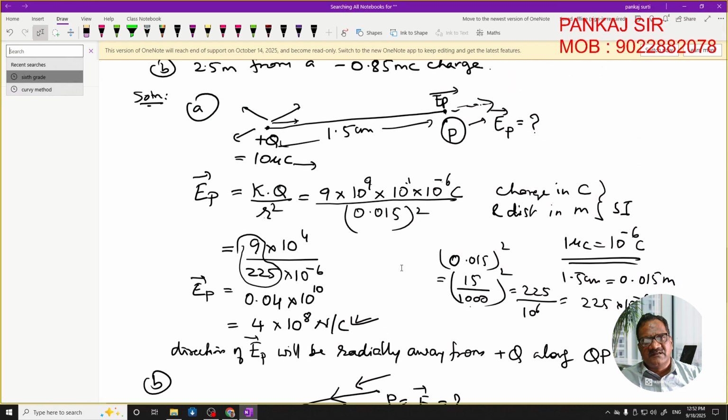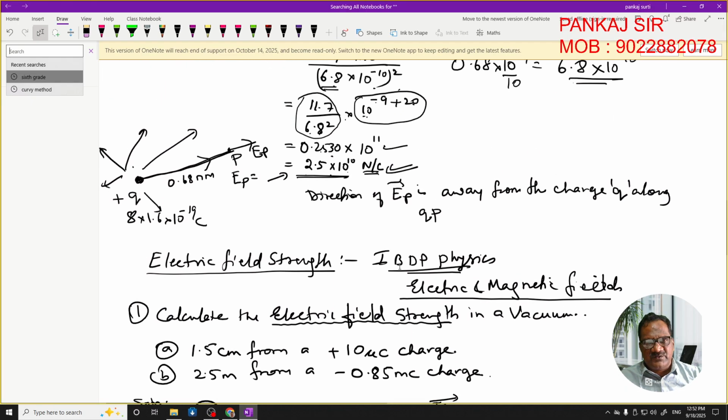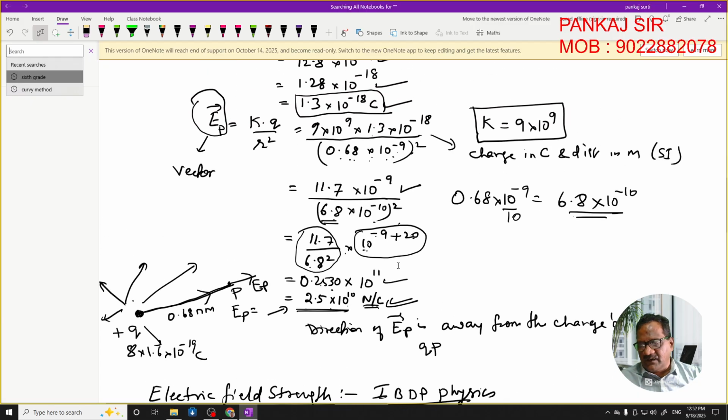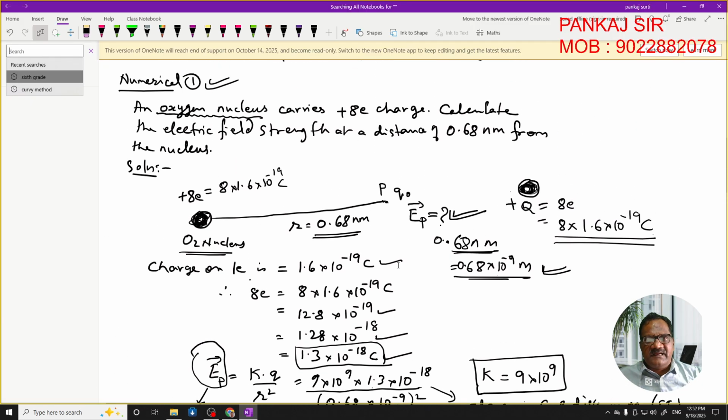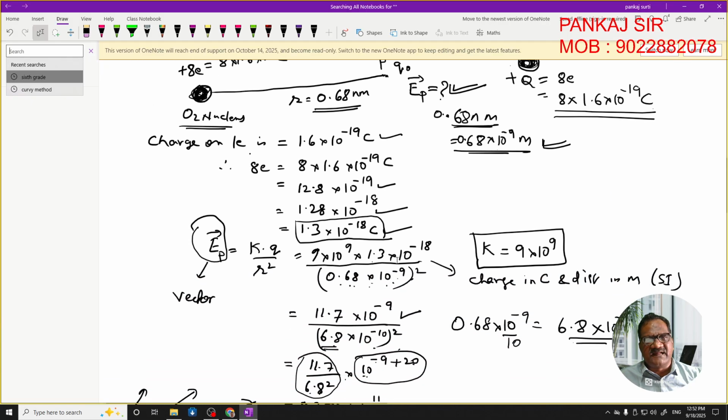Is that okay? So that is numerical number 2 of this particular topic called electric field strength. It is also known as the intensity of the electric field. So whatever we have found out is nothing but electric field strength, or you can call it intensity of the electric field.